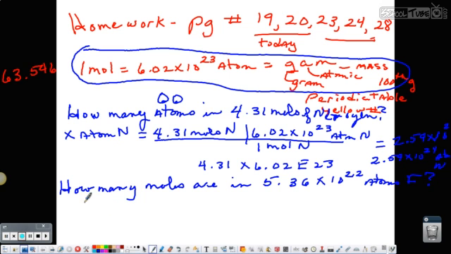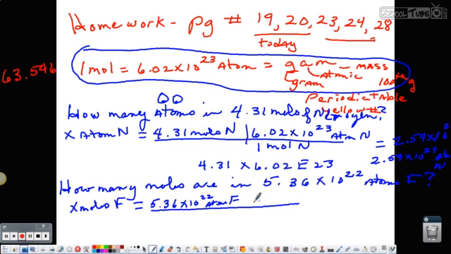Okay? What are we looking for? Moles. X moles of F. Notice every time I put down the element, and you have to too, I don't do it because I want to, I do it because I think it's what you need to do to be successful in the future. So follow my lead and do as I say. Alright, so what we know is 5.36 times 10 to the 22nd atoms of fluorine.